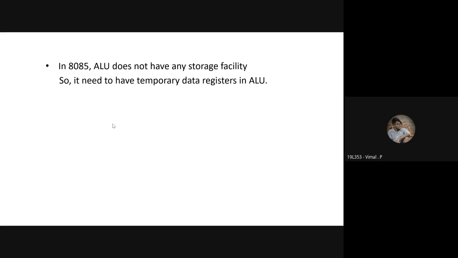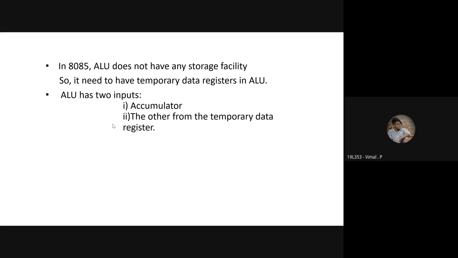In the ALU of the 8085 microprocessor, we do not have any storage facility, so we need temporary storage registers to store the data which we process in the ALU. We have 2 inputs, the accumulator and the temporary register. These 2 are for storage of the data we process in the ALU. The result is stored in the accumulator.